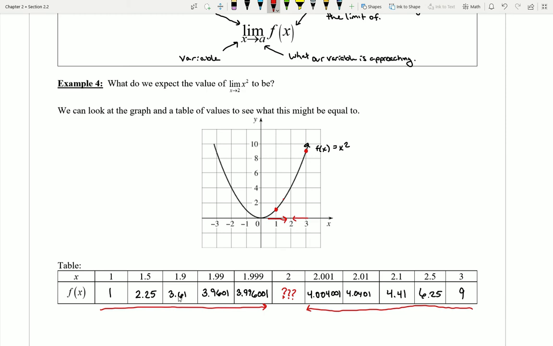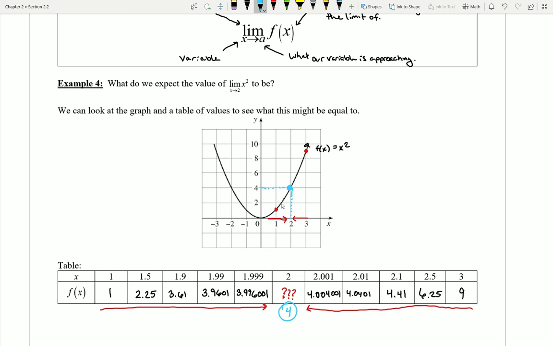It almost looks like these black y values are squeezing in on some value. And what would you guess the value is? Well, you might not be too surprised to guess that it looks like I'm being pushed towards the value of 4. In fact, in the picture, that's exactly where we would end up. It looks like I'm being led to this blue dot.